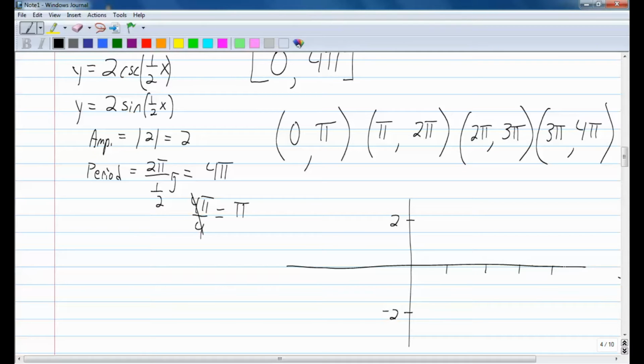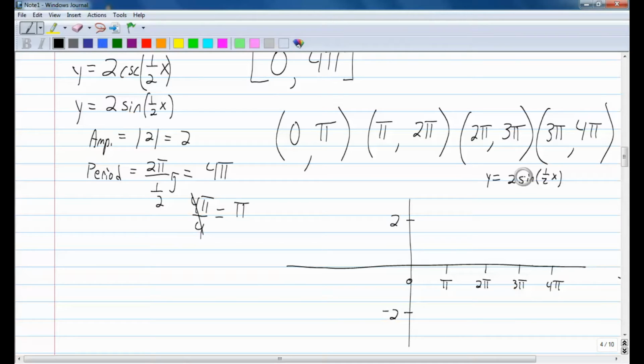I make my own scale on the x-axis, and that's okay as long as I label my points. So this is 0 on the x, this is pi, 2 pi, 3 pi, 4 pi. And I'm going to sketch first y equals 2 sine of 1/2 x.